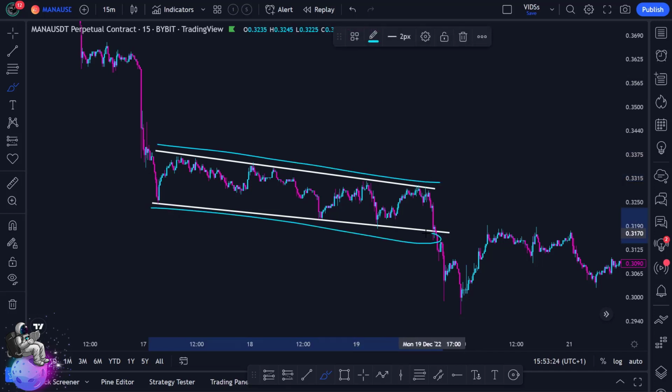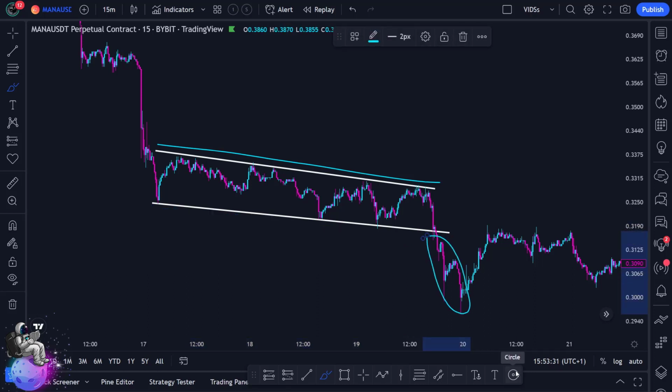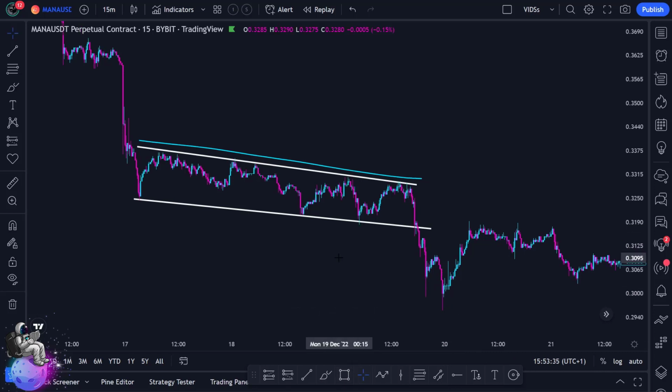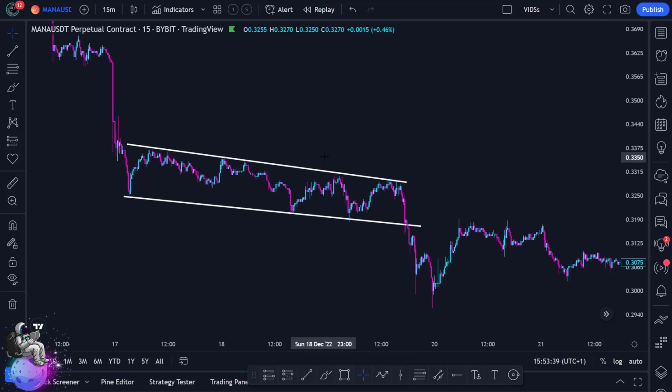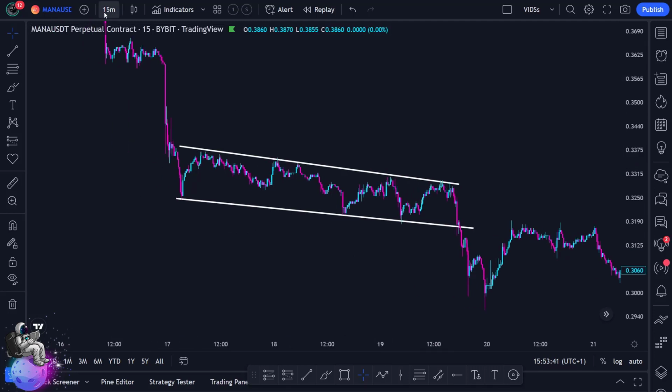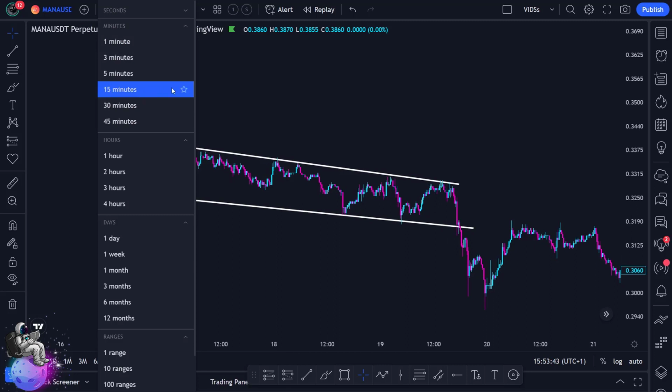So we see here first a big drop down and then a channel pattern moving down. So next we can expect a breakout at the bottom. Once this breakout occurs, we open a sell position and pay out the position again at 1 or 2 profit. This pattern is also 99% accurate in a falling market. So no matter if the market is rising or falling, you can always make money with this pattern.